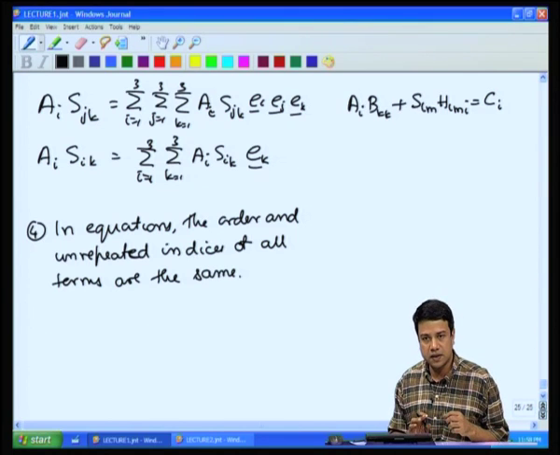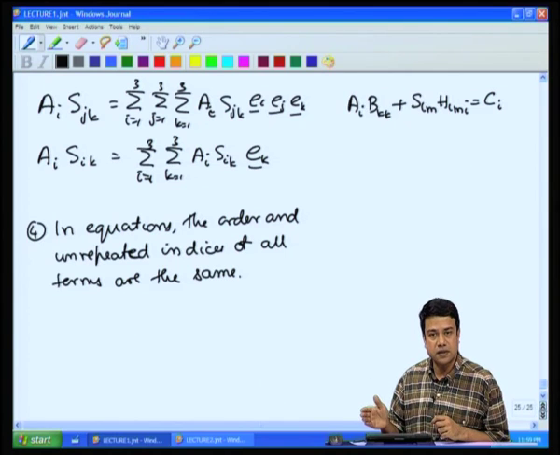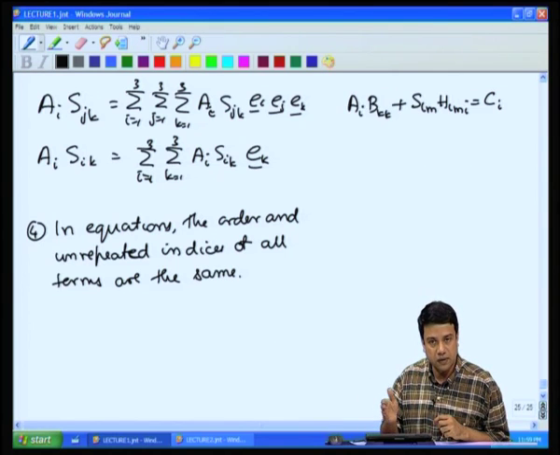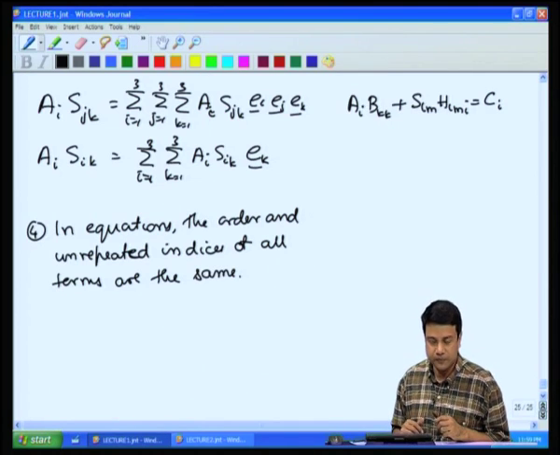The first term a_i times b_kk, k is repeated, so it is a scalar. So, there is only one vector. Second term s_lm times h_lmi, l and m are repeated. So, once again one gets a vector, and on the right hand side also there is a vector. So, the unrepeated indices as well as the order of each term in the equation have to be exactly the same when you write an equation.